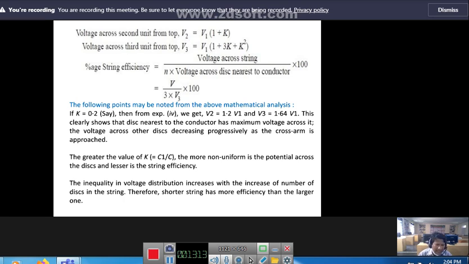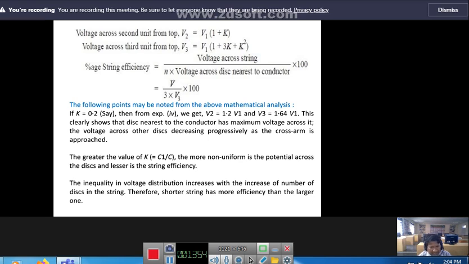So from the mathematical analysis, we can observe the following points. Suppose K is equal to 0.2. From expression 4 we get V2 is 1.2 V1, and V3 is 1.64 V1. This clearly gives an idea that the disc nearest to the conductor has the maximum voltage across it.